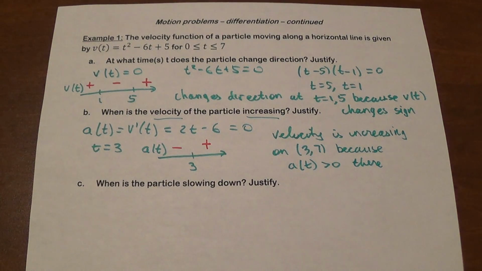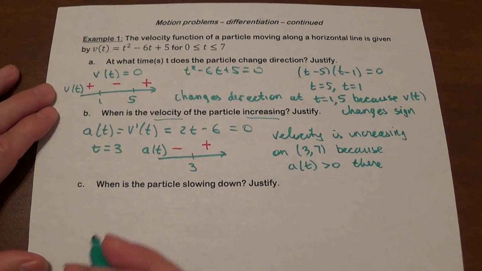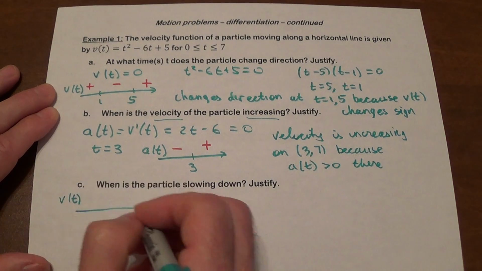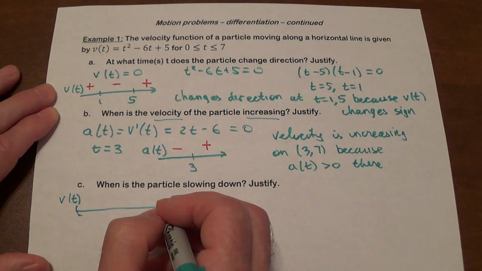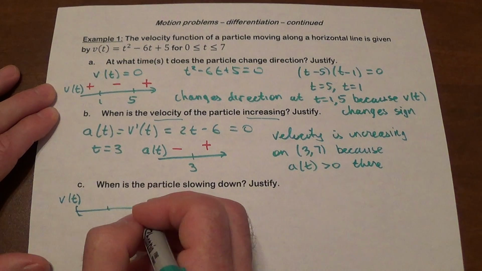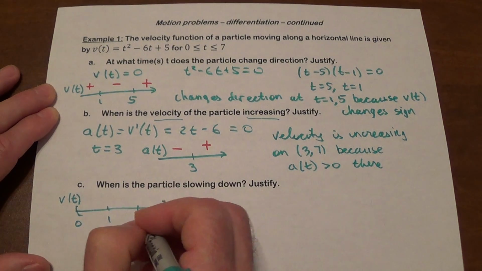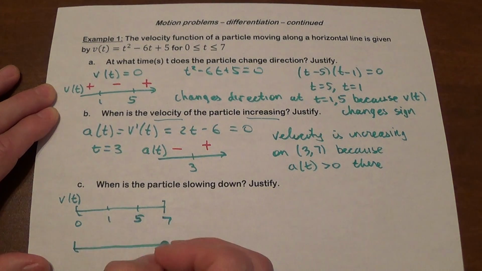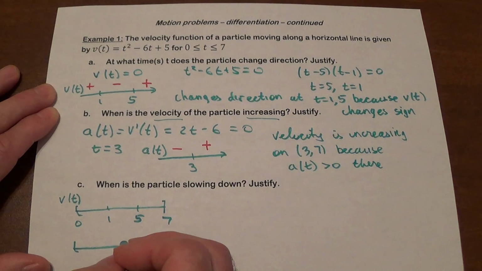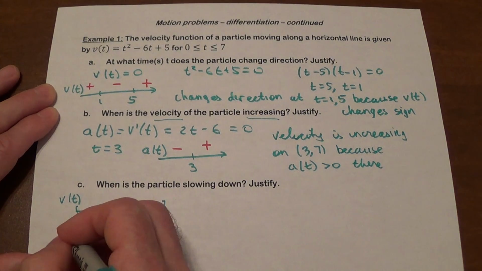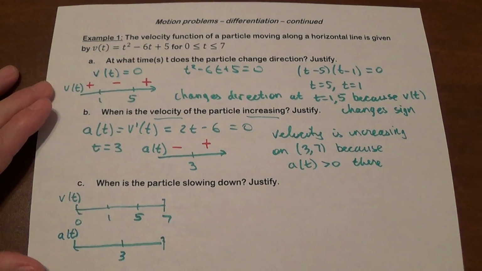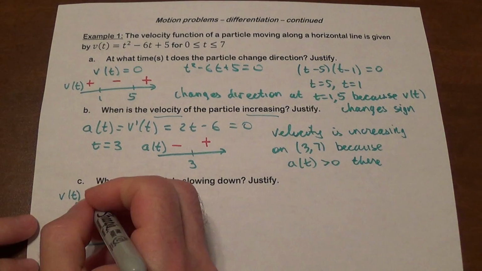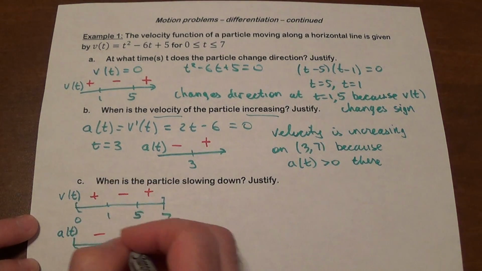One of the best suggestions I can make to make it easier to analyze: make the sign chart for the velocity function, and right underneath or above that, make a sign chart for the acceleration. Okay, and we want to put our signs here. So I already know this: plus, minus, plus, and this is minus, plus.